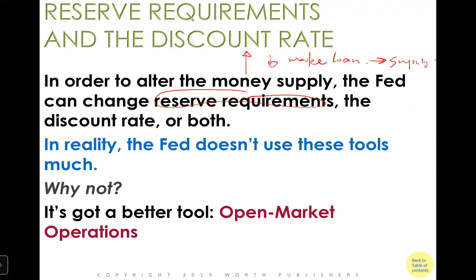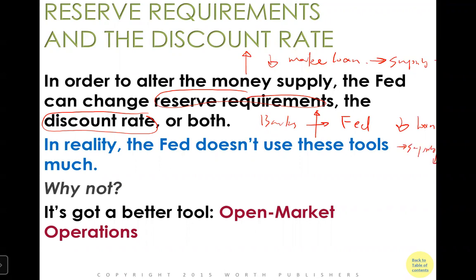Alternatively, the Fed can change the discount rate. The discount rate is the rate at which banks borrow from the Fed. The more expensive it is for banks to borrow from the Fed, the fewer resources the banks have, the fewer loans they can make, and the money supply is going to decrease.